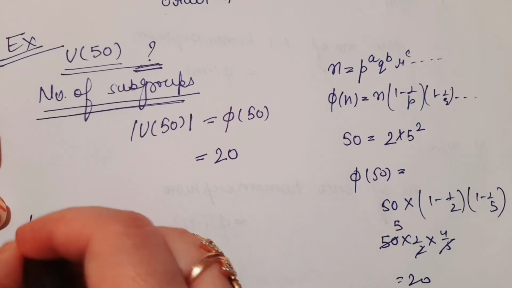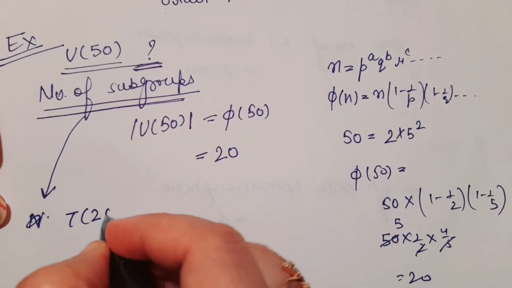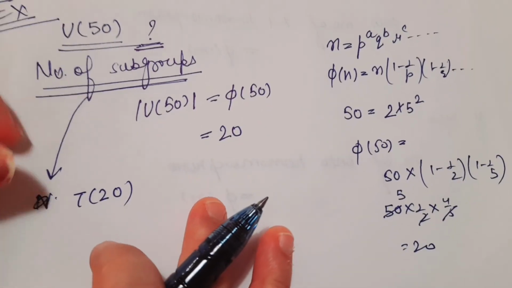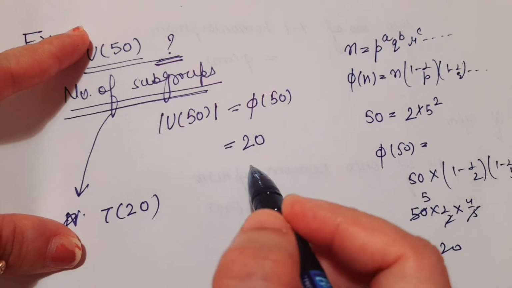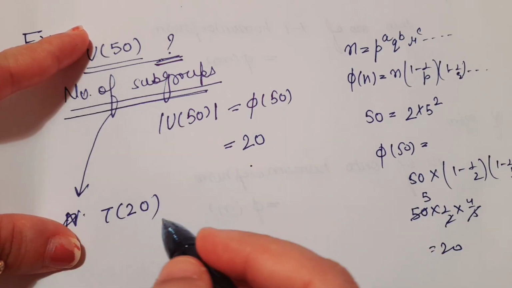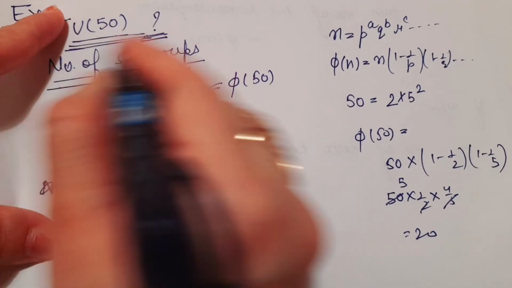So the number of subgroups is tau 20. This was not tough. If you know how to calculate phi 50, how can you calculate tau 20? It is very easy to calculate the number of subgroups of U50.